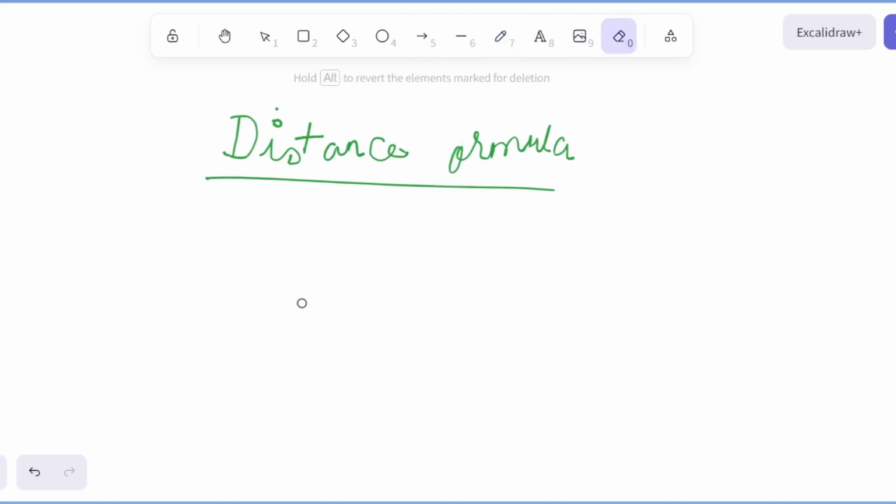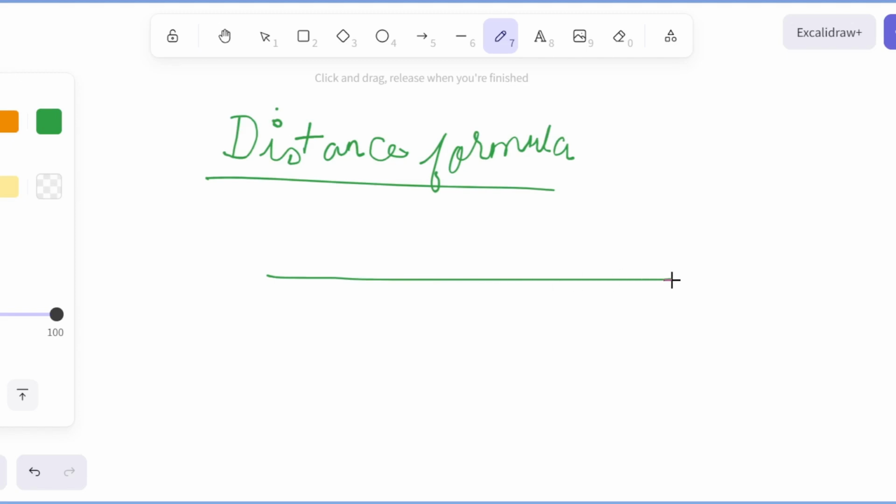One second, I'll just write it. So the distance formula: if there's a line segment, let it be AB, and the coordinates of A are x1, y1, and the coordinates of B are x2, y2.